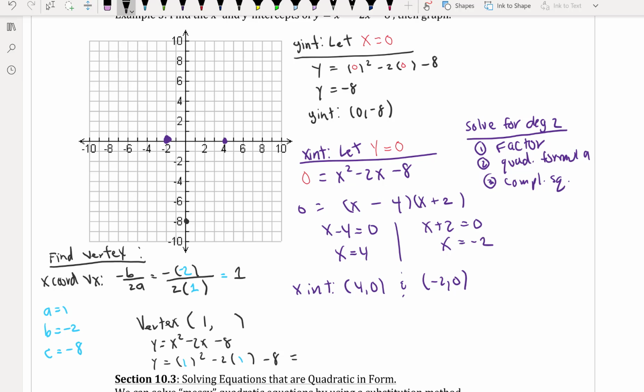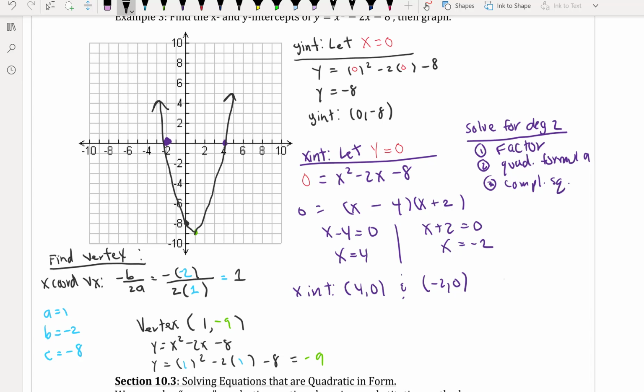So I end up getting 1 squared minus 2 times 1 minus 8, which is equal to negative 9. So my vertex is 1, negative 9. Now I know exactly what my graph is going to look like. So that is going to be my graph, and I have labeled the x and y-intercepts.